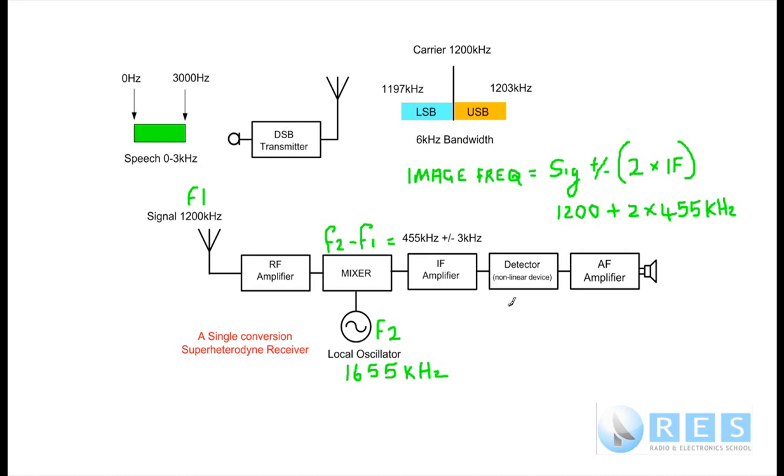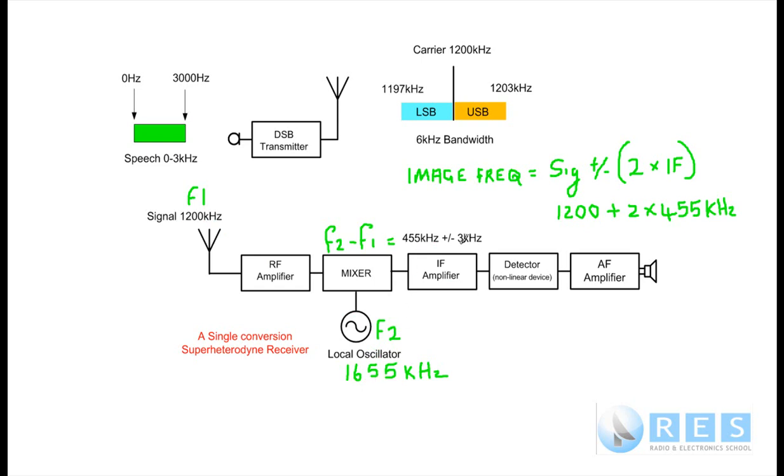The disadvantage is this: we're wanting to receive a signal on 1200 kilohertz, and to do that we have to put the local oscillator above 1200 kilohertz by an amount equal to the IF, so that the difference between the wanted signal and the local oscillator is 455 kilohertz. The difference between 1200 and 1655 is 455.